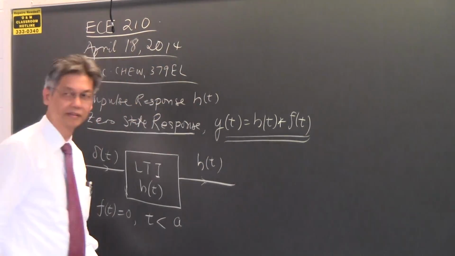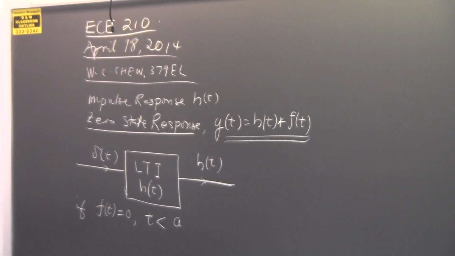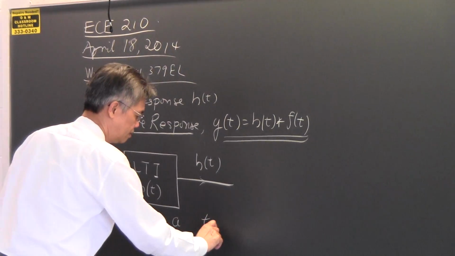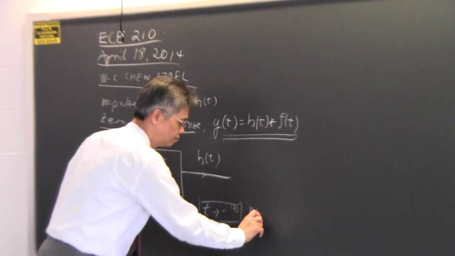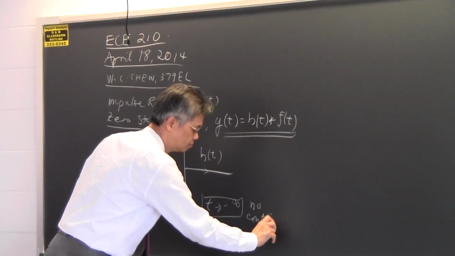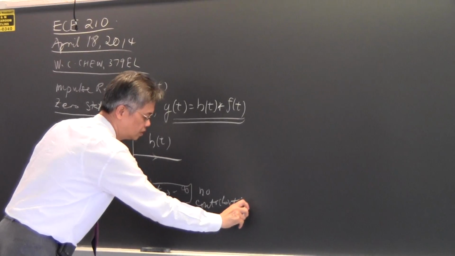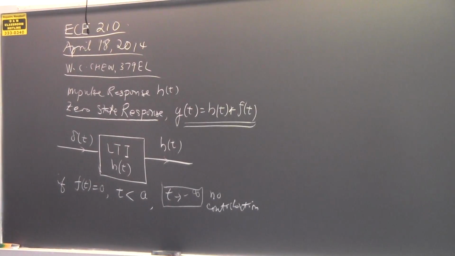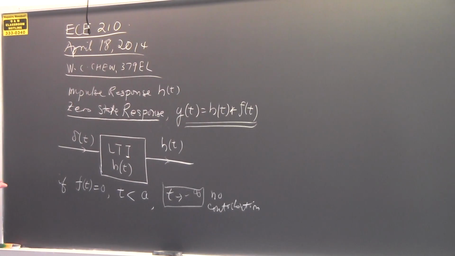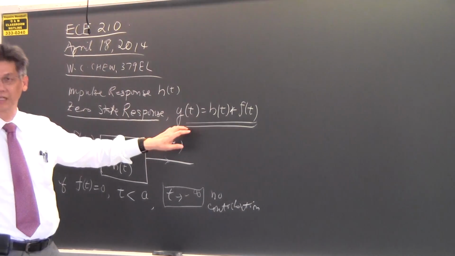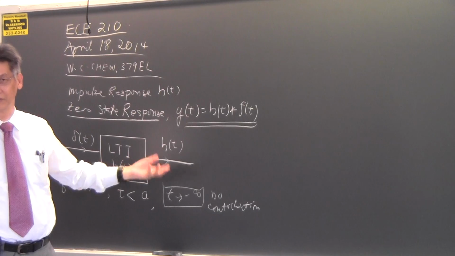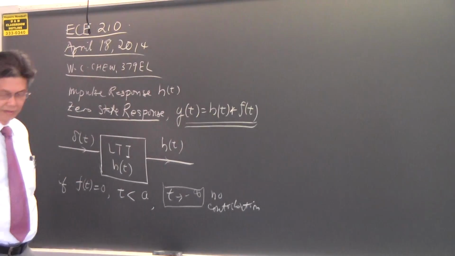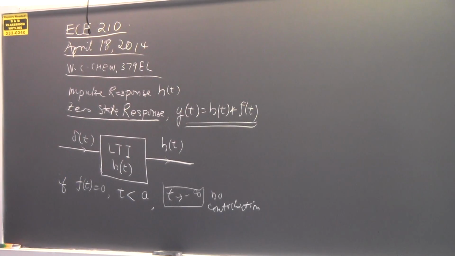This value does not have any contribution from t at minus infinity. So that means that there was no input to the system when t is still at minus infinity. And this is called a zero state response of the system, because it means that there's nothing there before you turn on the switch to send the input in. So you just have to memorize this concept.